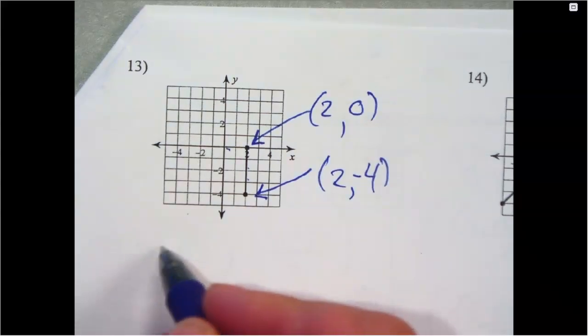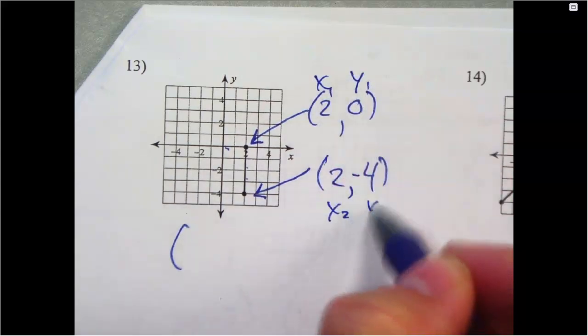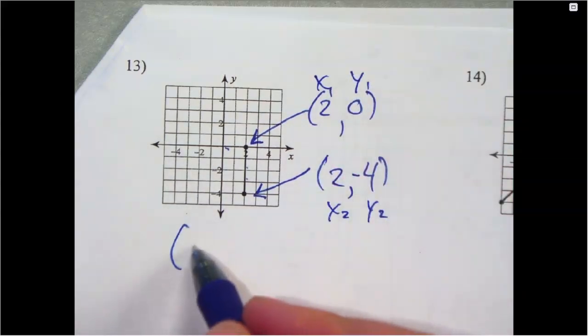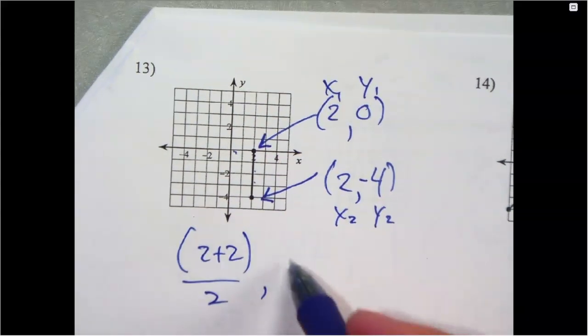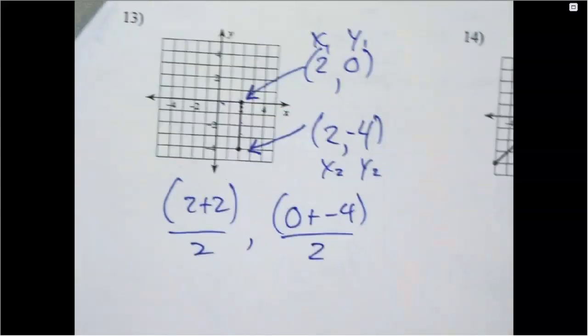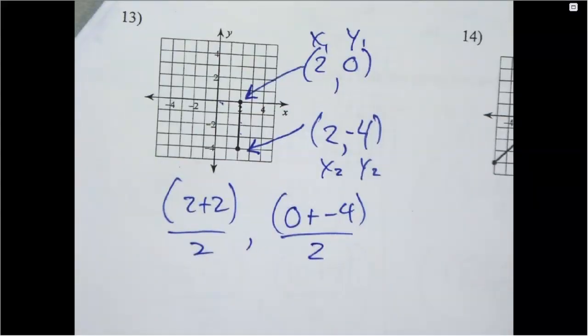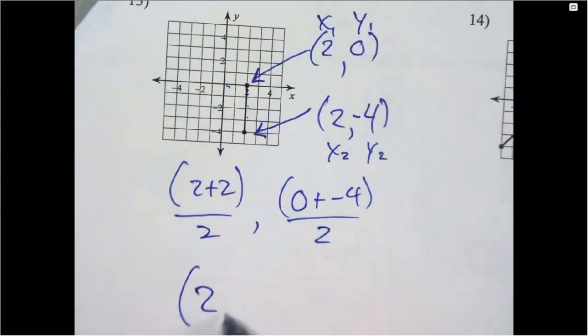And then use our formula. So you add up. So if you want to write them, x1, y1, x2, y2. Add up the 2 x values and divide them by 2. Add up the 2 y values and divide them by 2. And in this problem, you would get 2 comma negative 2.